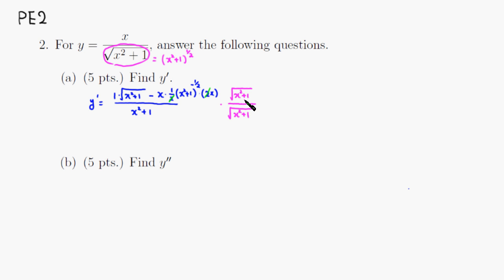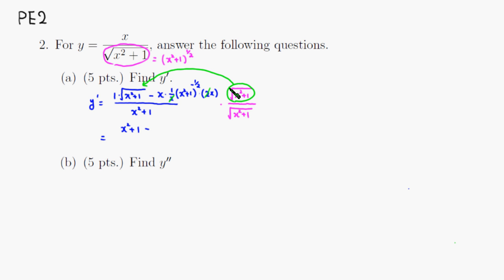Then I distribute the square root of x squared plus 1 to the first term on top. The square root of x squared plus 1 times itself gives x squared plus 1. Then minus.